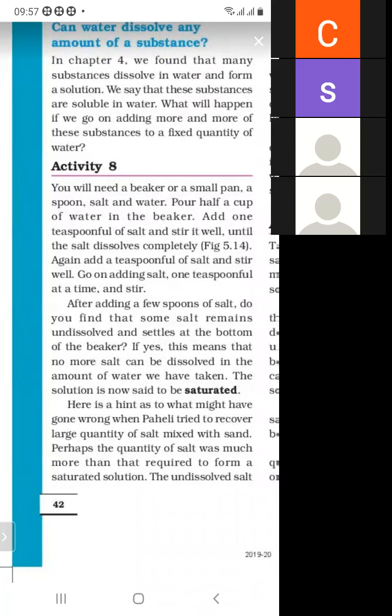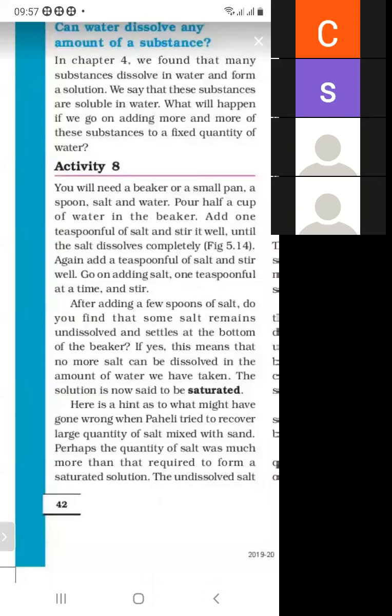Firstly, we take a beaker or a small pan, and then we have a spoon, salt, and water. Pour half a cup of water into the beaker and add 1 teaspoonful of salt.